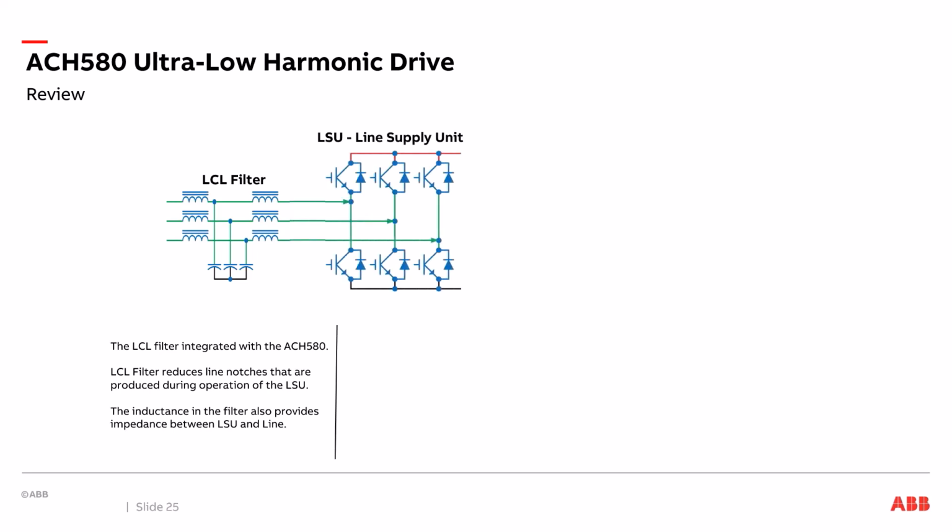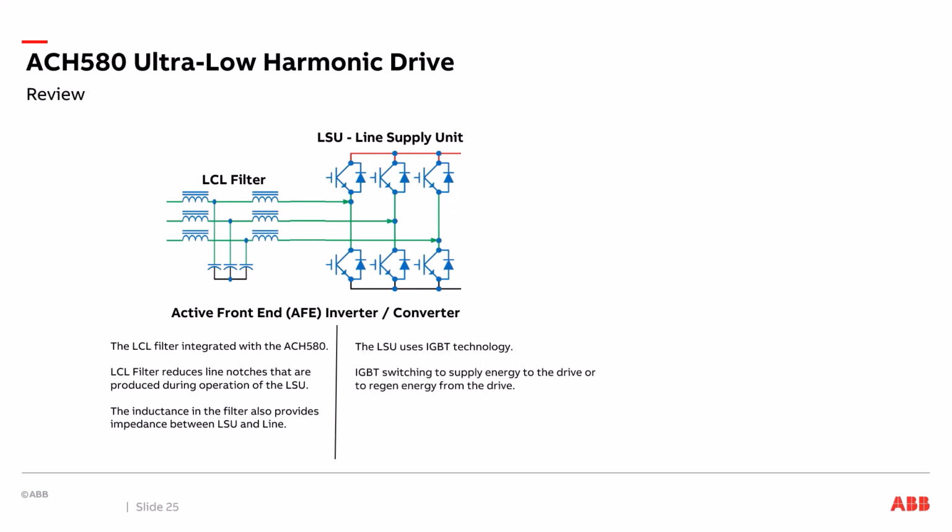The line supply unit and the LCL filter make up the active front end inverter/converter. The line supply unit uses IGBT technology. The IGBT switching is to supply energy to the drive or to regen energy from the drive. It controls the magnitude and direction of current flow and the power factor.